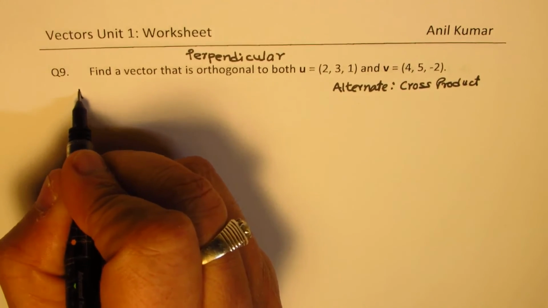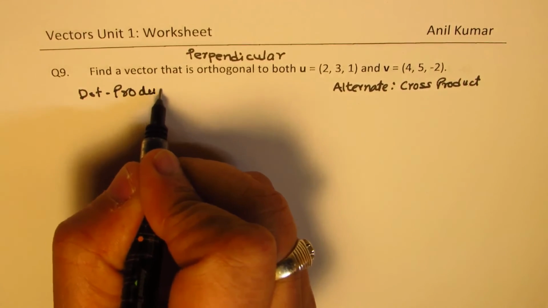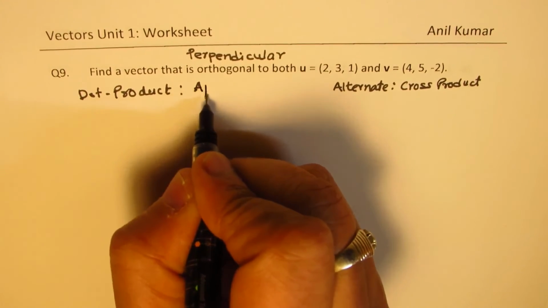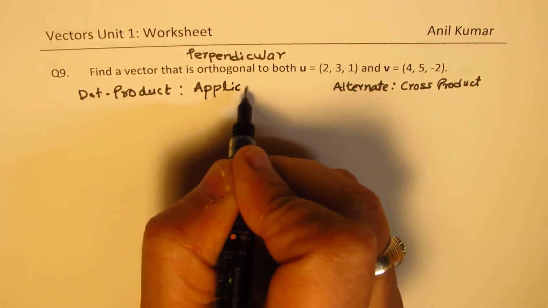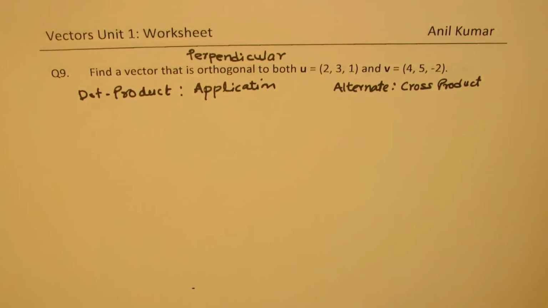Since we have only done dot product, we need to apply dot product to get our solution, right? So we'll treat this as a dot product application. Later in Unit 2, when we learn cross product, we can answer this question again using cross product.